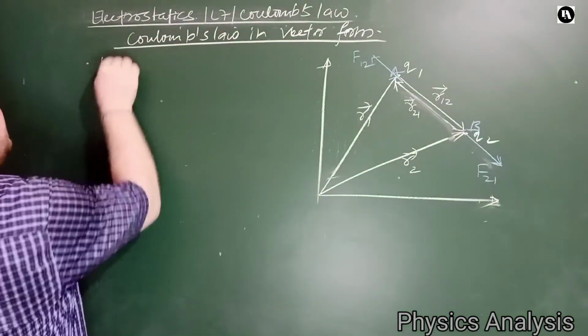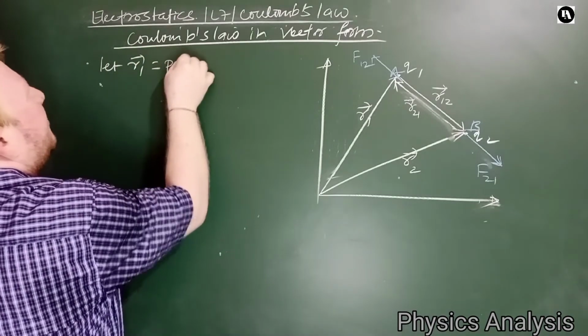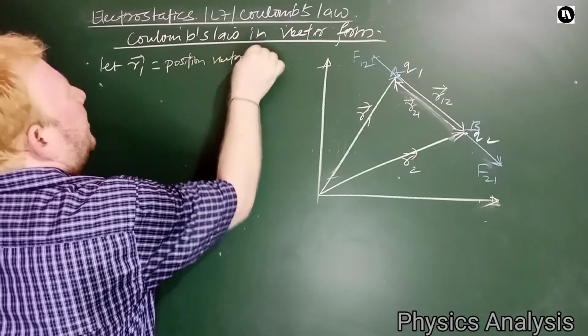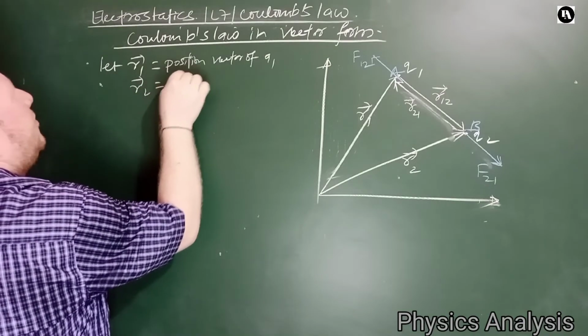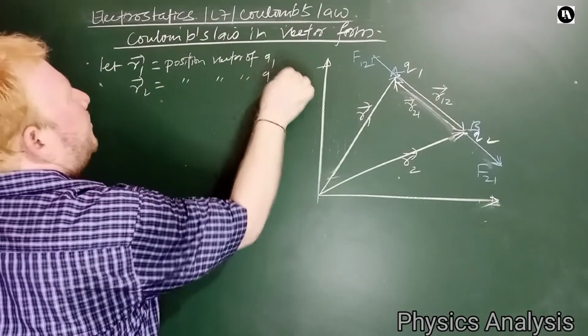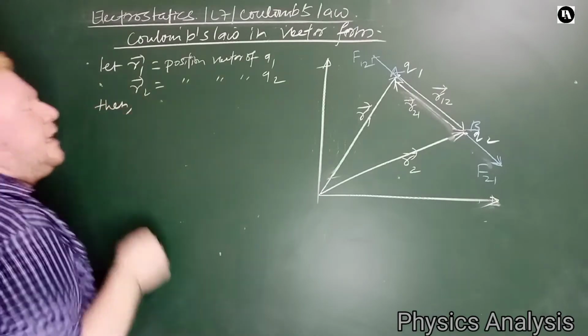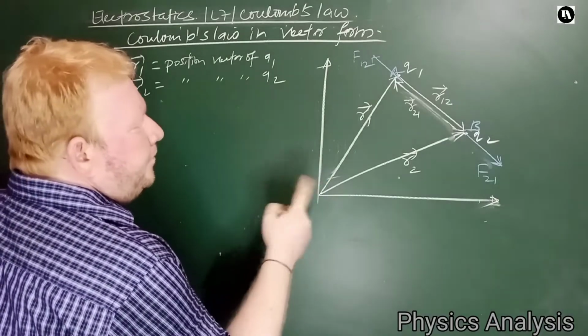Let R1 be the position vector of Q1 and R2 be the position vector of Q2. Okay, then what I can write, students, using triangle law.